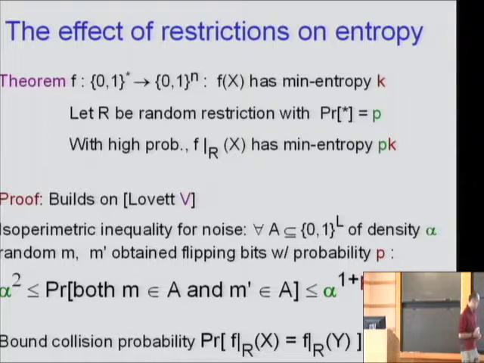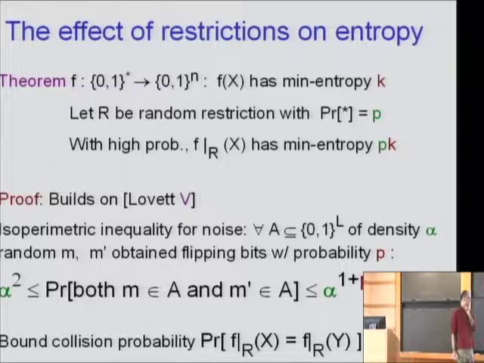And also, using hypercontractivity, this probability is bounded from above by alpha to the 1 plus p. So you get this extra factor of alpha to the p, where p was the parameter with which you are flipping bits in M prime.